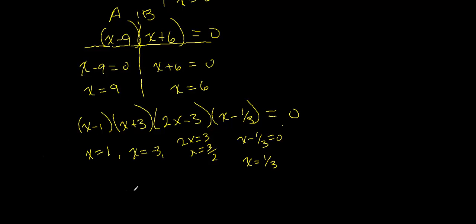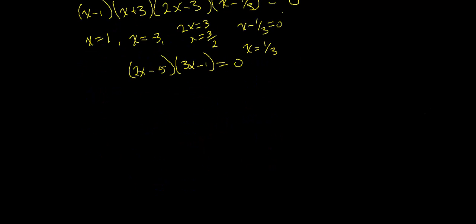Now, if I have expressions that look like 2x minus 5 times 3x minus 1 equals 0, there is no difference. We can still use our zero product rule.